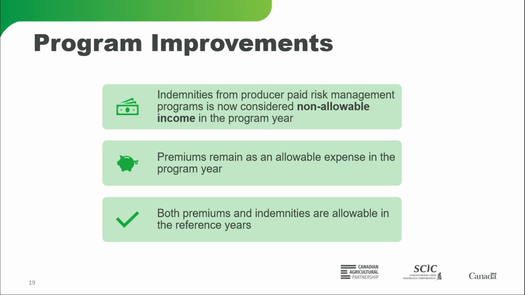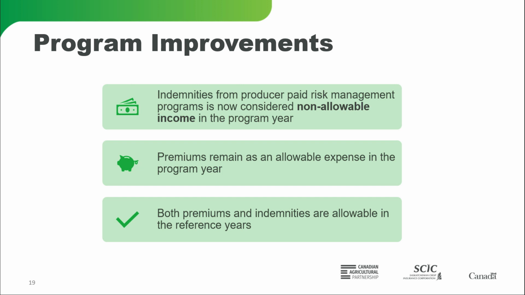Program improvements. So for the 2020 AgriStability program year, producers who purchase additional risk management coverage for their farm won't have those benefits subtracted from the AgriStability benefit calculation. So again, it applies to risk management programs where the producer pays the entire premium for their coverage. Again, independent hail insurance, livestock price insurance, those premiums are 100% paid by you, the producer.